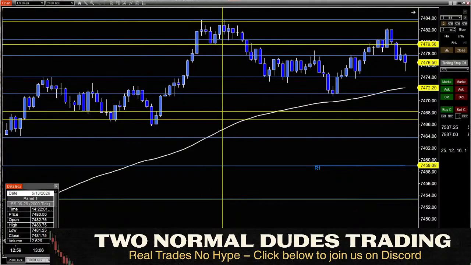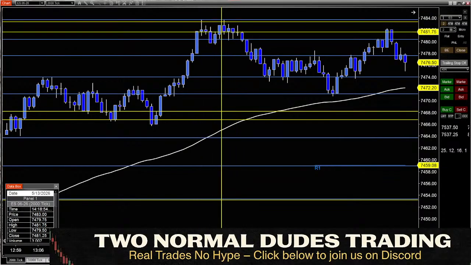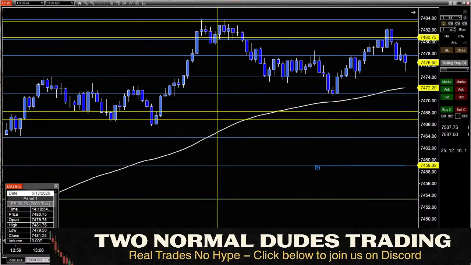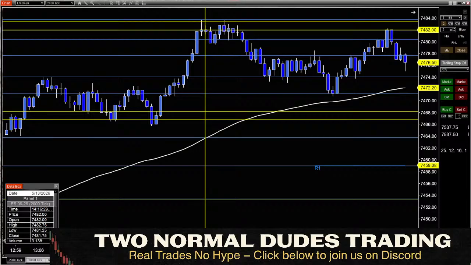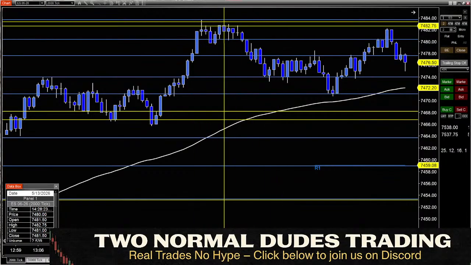There are things that happen within smaller tick charts that you can see better. Price pausing here. If you're looking at a 30,000 tick chart, this is all one candle, and you don't know that this might be reversing, coming back down.